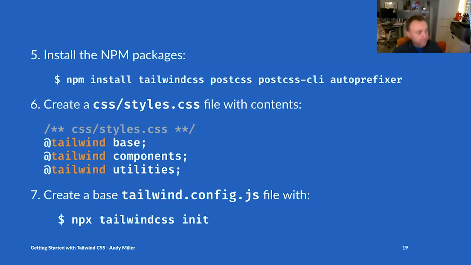so you don't have to worry about any of that. The next step is to create a base styles.css file, and in this example, you can see it's using this Tailwind command to load the base, components, and utilities parts of Tailwind. Step 7 is to create this tailwind.config.js file with the command npx tailwindcss init.